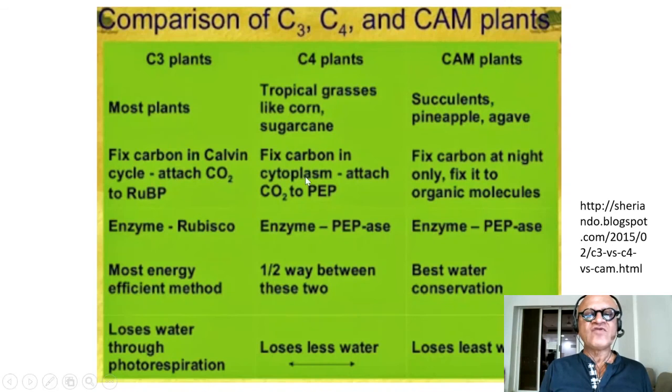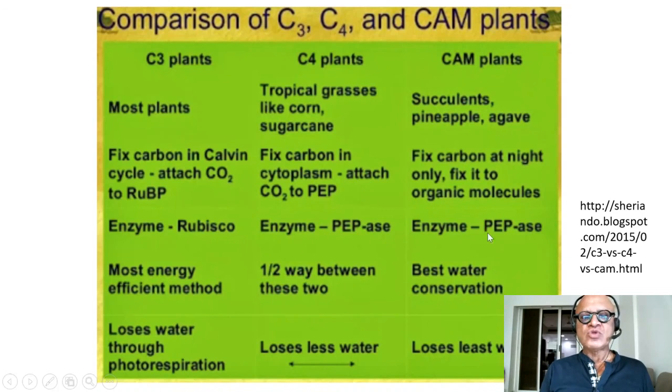So C3 and C4 basically differ in the way they fix carbon in the Calvin cycle. So these use rubisco, and this is fixed carbon in the cytoplasm. So they do a different pathway, and that is the number of CO2 molecules involved. CAM plants fix carbon at night only and fix it to organic molecules.